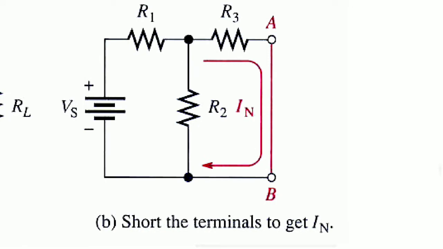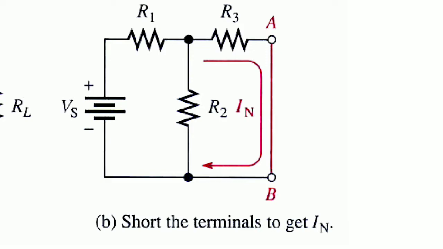When A and B are shorted, the current flowing in the circuit, that is the short circuit current in the A and B terminals, is Norton's current.